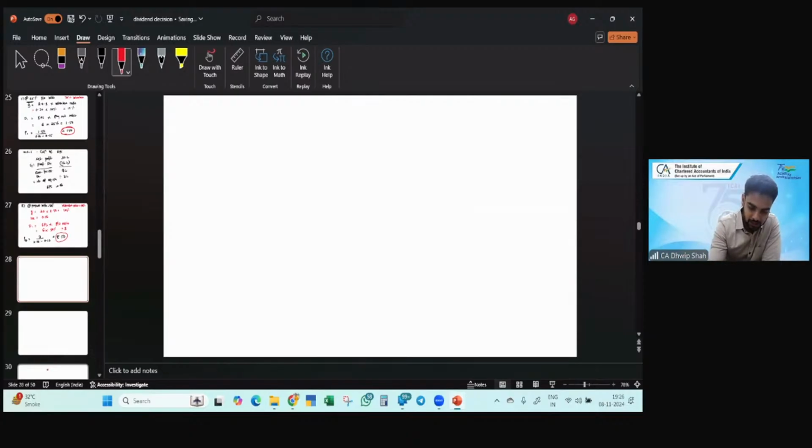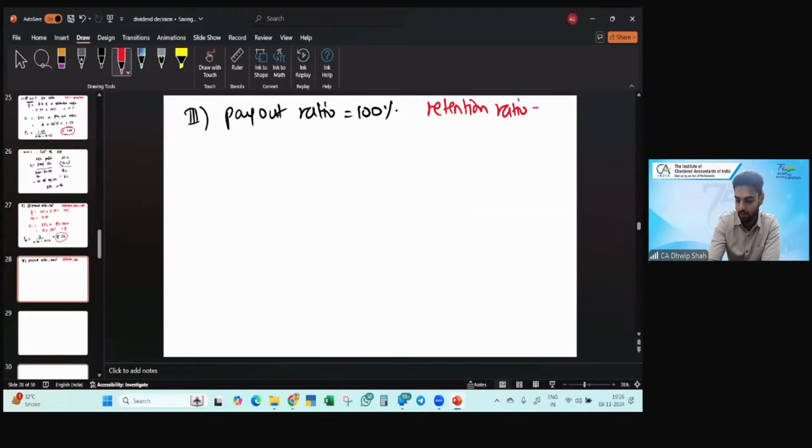Second last, Scenario 3. Payout is 100%. So in other words, if I pay everything, then I would have retained nothing. Retention ratio is equal to 0. Yes or no? If retention is 0, can I say my growth would also be 0? Because growth is directly dependent on what you retain.